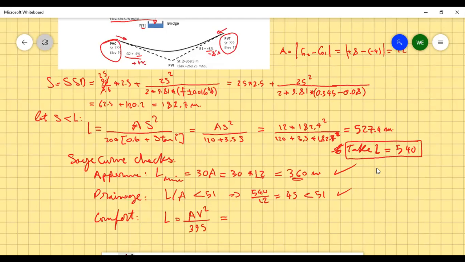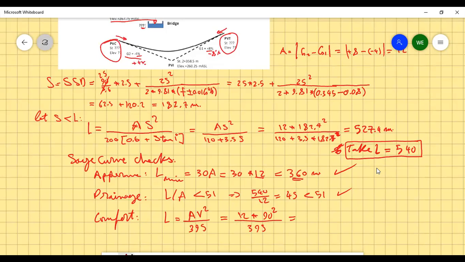So we have 12 multiply 90 squared divided by 395. So this will be 12 multiply 90 squared divided by 395.